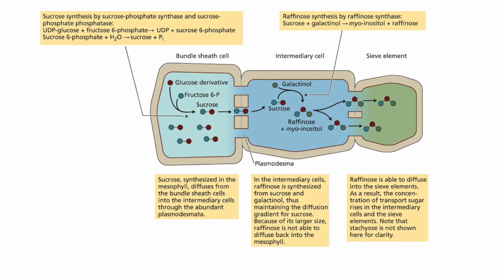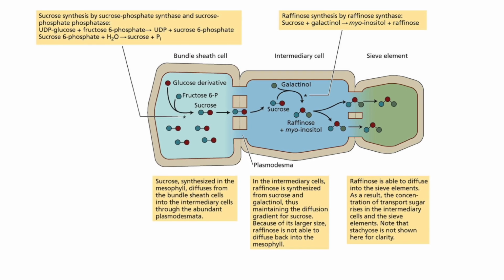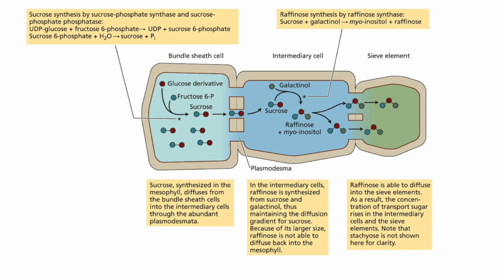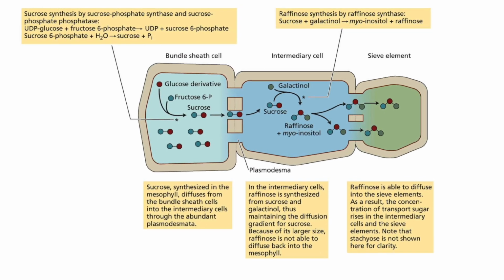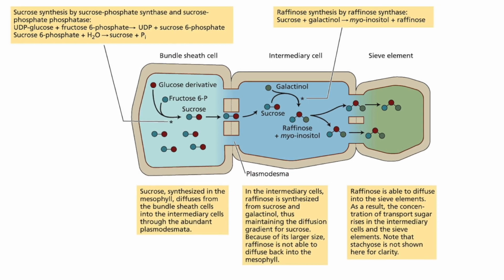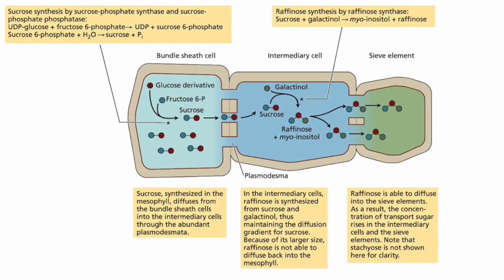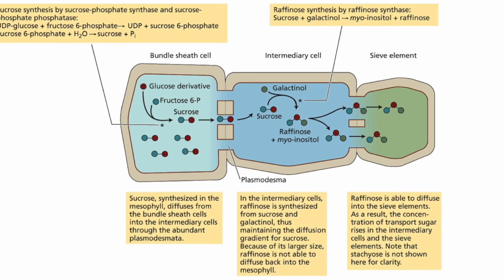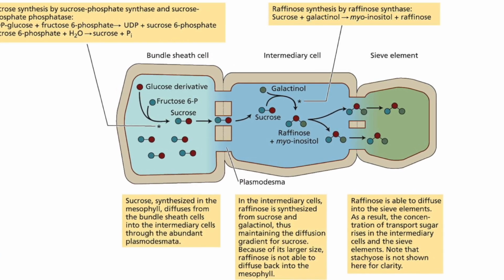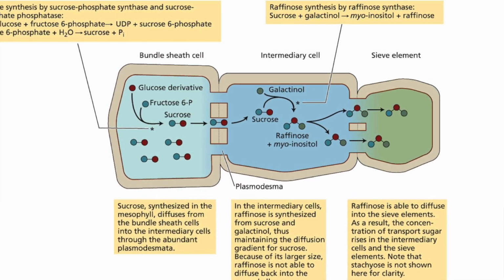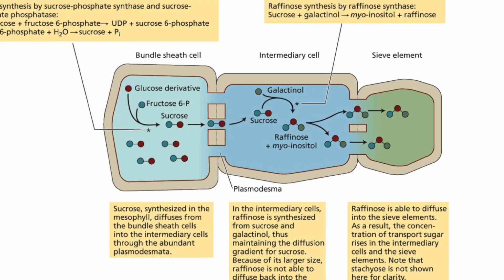And raffinose is then transported into the sieve element. Turns out that raffinose is a larger molecule and cannot diffuse back into the bundle sheath cells. So by utilizing the sucrose to form raffinose, it decreases the concentration of sucrose in those intermediary cells. And this keeps the flow of sucrose from the mesophyll and bundle sheath cells into the intermediary cells.